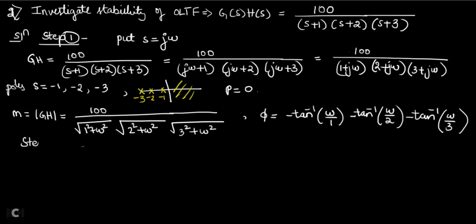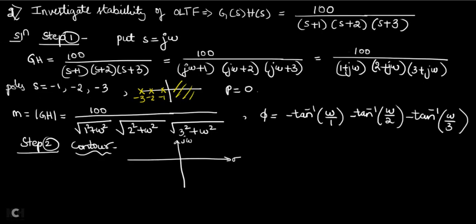Go for step 2. Step 2, you have to take the contour. Are there any poles present on the origin? No. And are there poles present on the j omega axis? No. Then you have to take the entire j omega axis as your contour like this. So this is my sigma, this will be j omega, and this diagram is called the S plane.